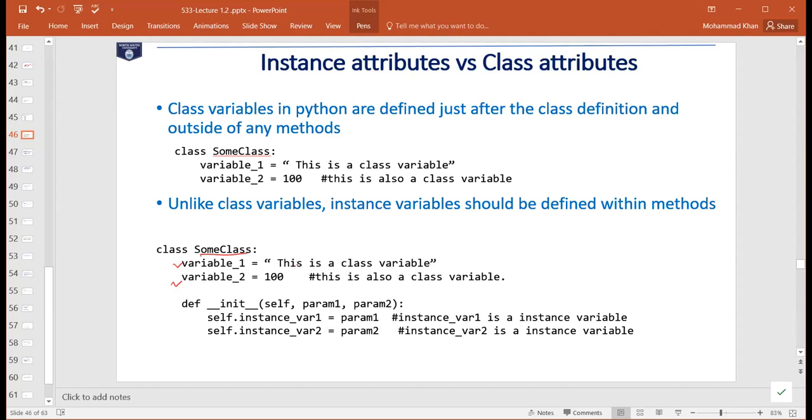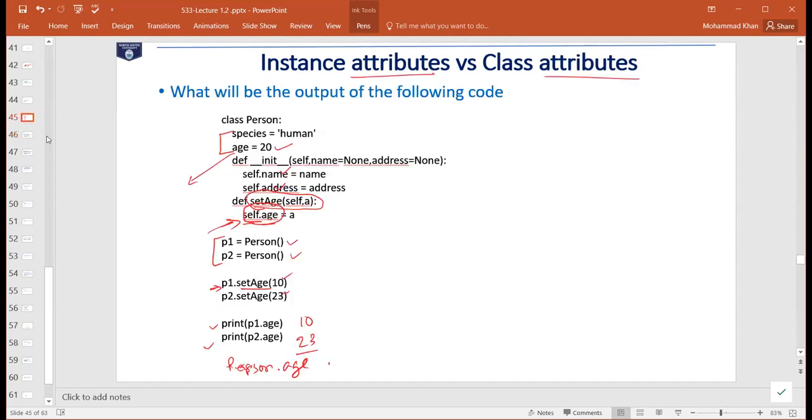Now, if we want to declare instance variables so that they remain local to the objects, we declare them using self dot then the name of the variable. And we can declare them in any method. It's not true that we can only create them in the init method. We can create them in any instance method. For example, we had another example here.